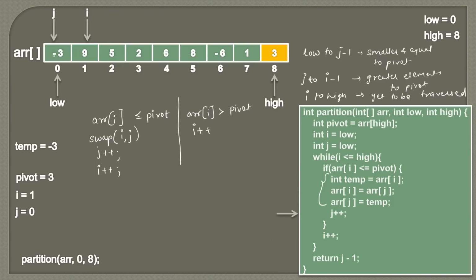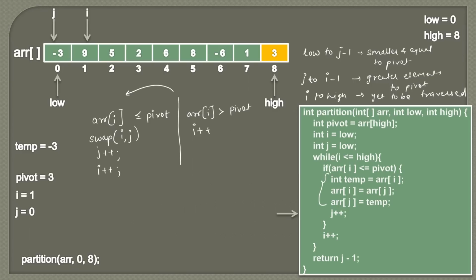Now after this swap, -3 has come here and 9 has come here. So when array of i encounters a value lesser than the pivot, it simply throws it in this direction, because from low to j-1 we need to put the smaller and equal elements to the pivot.